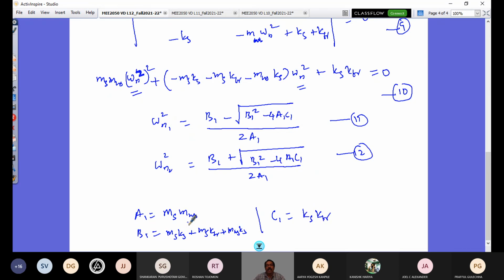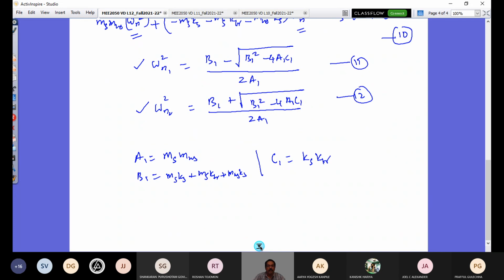So if I know my vehicle parameters ms, mus, ks, ktr, I know all this, so I can substitute in this and find my natural frequencies. Of course, here it is omega n1 square, so I'll get two values, one positive, one negative, plus or minus omega n1. The negative sign has no physical significance, you can neglect it and take the positive value.